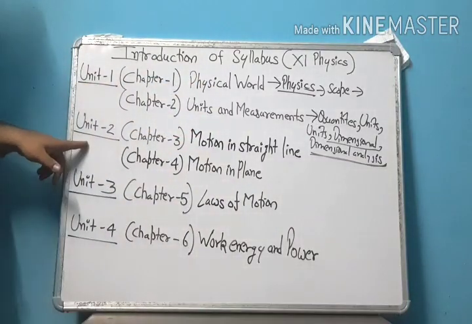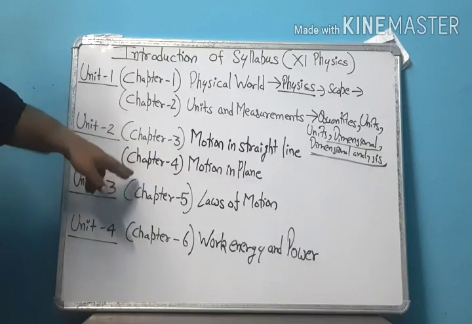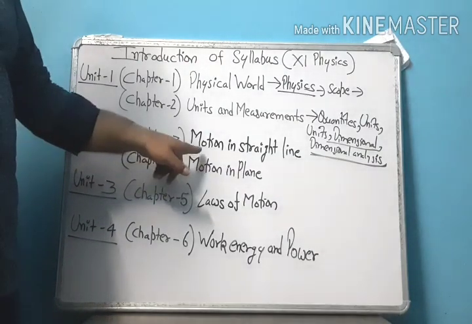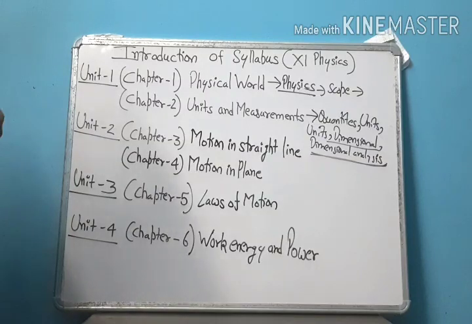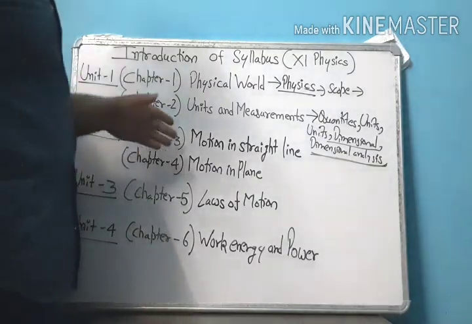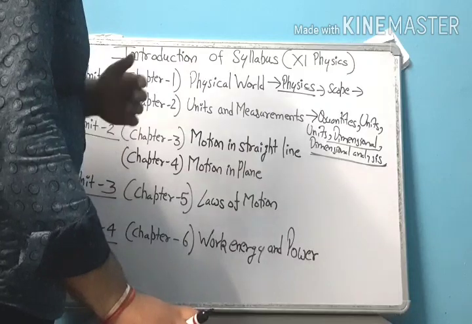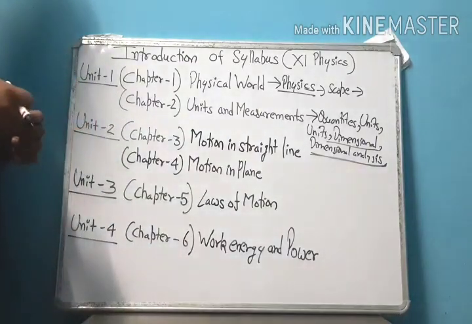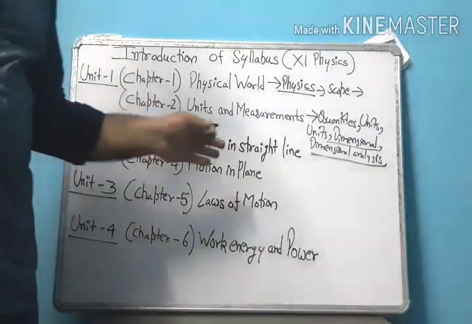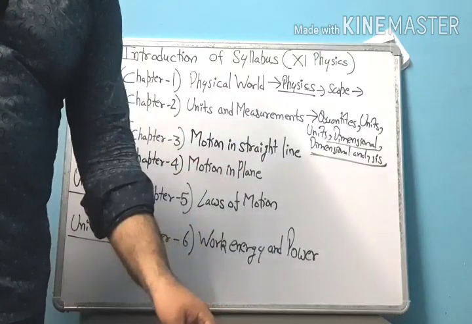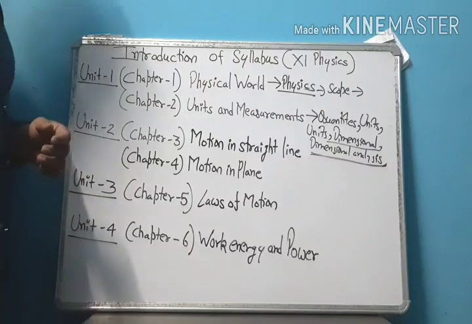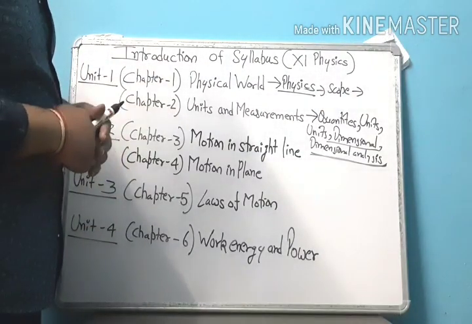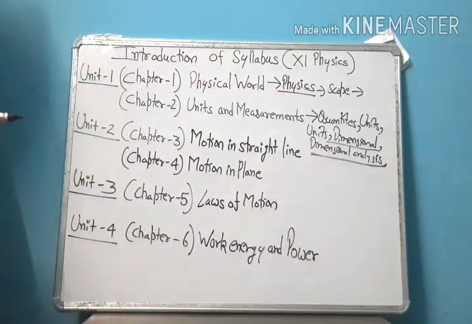Now moving on, unit 2 comprises two chapters. Chapter number 3, that is motion in a straight line. In this chapter, we have to study some basic topics which you have already studied in your previous class, that is motion. What is motion? What is the meaning of the term rest with a point of reference? Next is uniform motion. What is non-uniform motion?